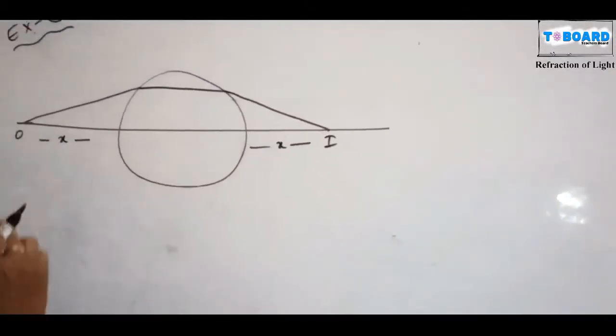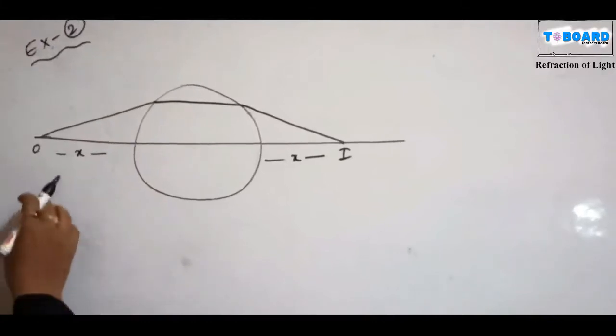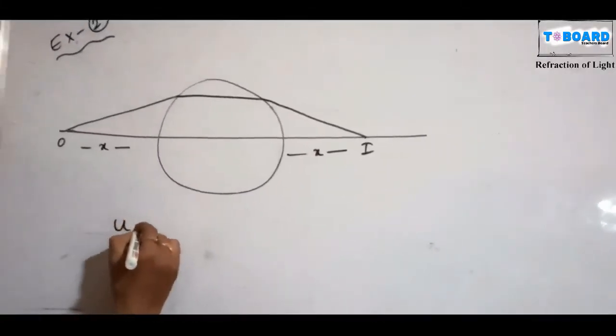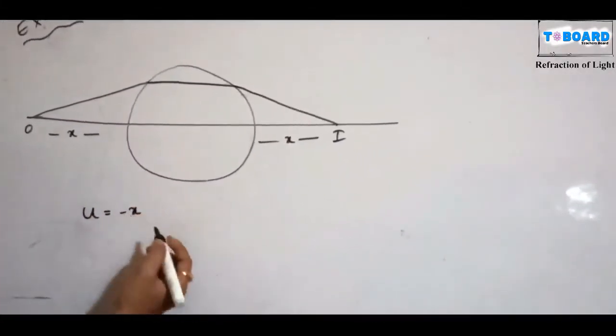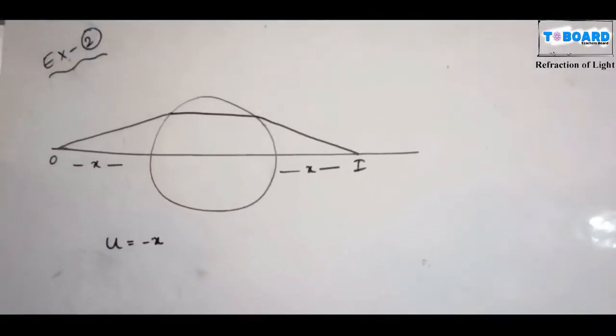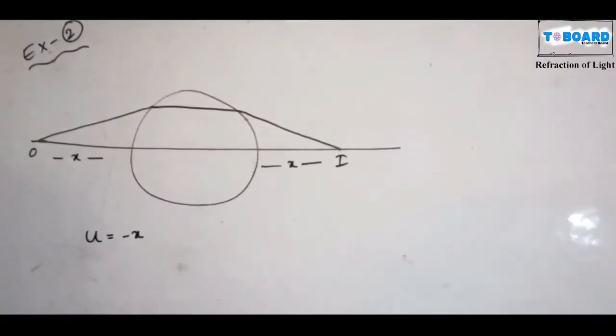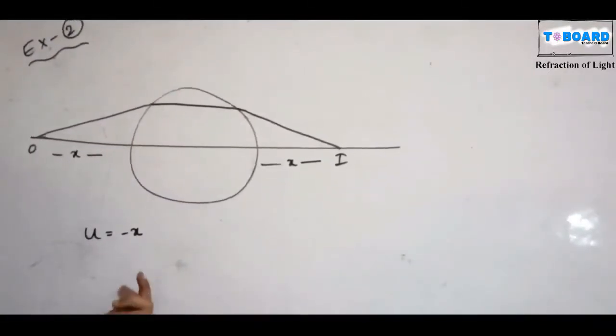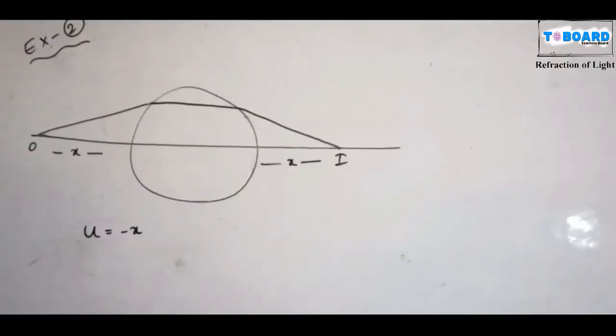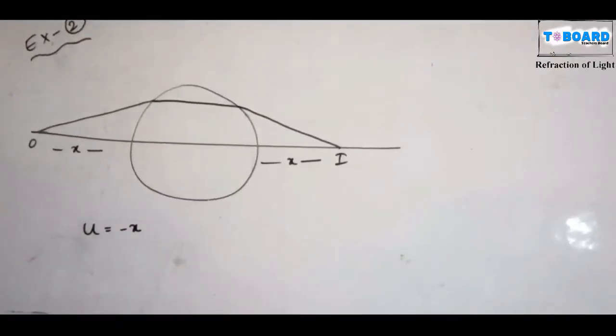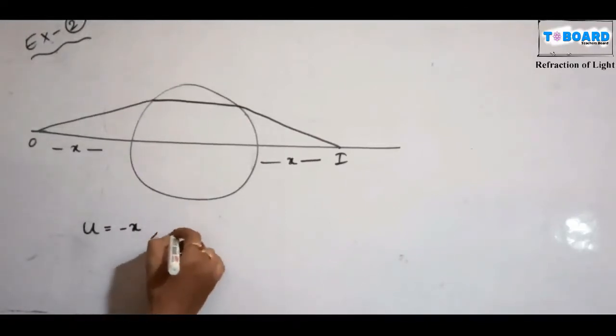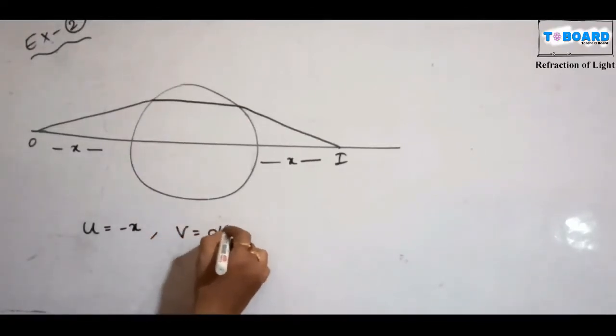According to the sign convention, the object distance should be minus x, because it is to the left of the surface. So u is equal to minus x. What about the v value? We don't know where the image will form, so v is equal to infinity.